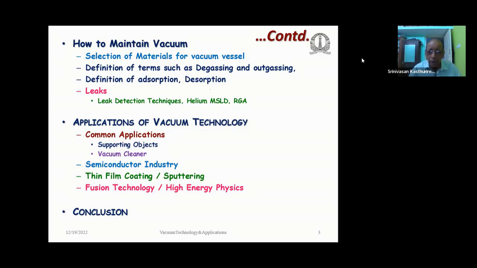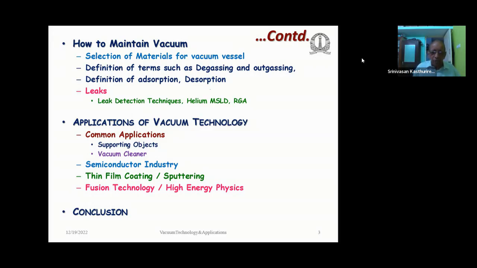That is one of the important applications for vacuum. Then it is used in the semiconductor industry, then thin film coating, sputtering process. Under sputtering, I would also like to tell you how exactly we have used this sputtering process to develop zirconium nitride based temperature sensors in our laboratory under a BRNS project.